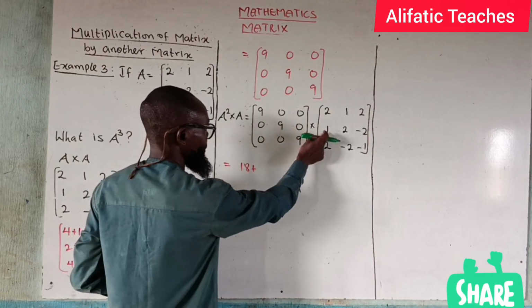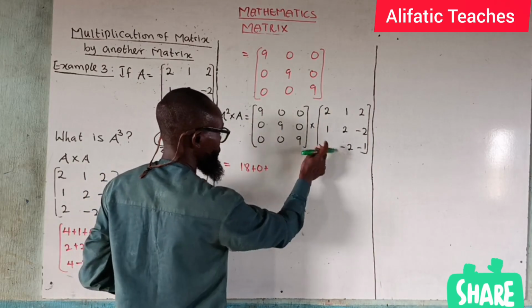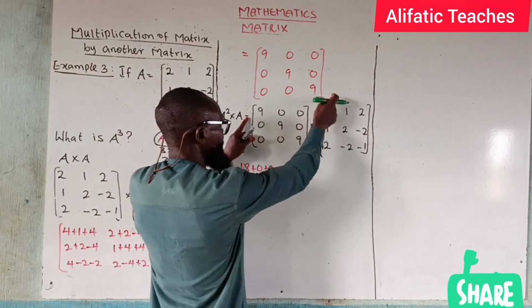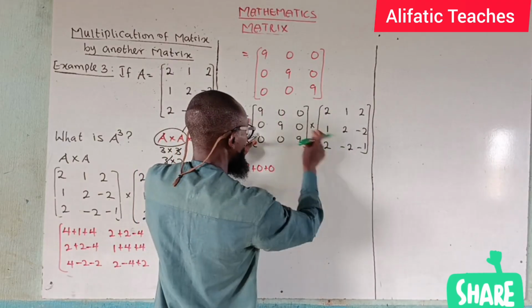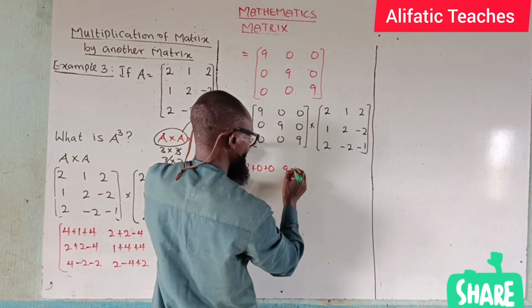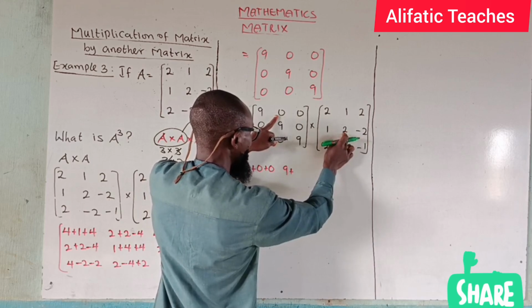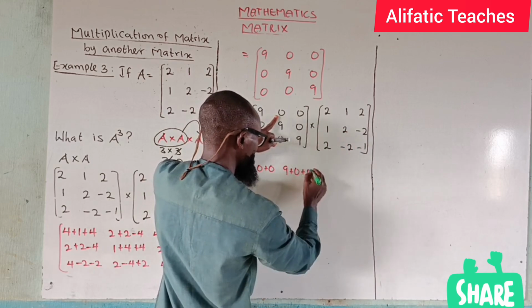Plus 0 times 1, 0. Plus 0 times 2, 0. I'm done with that. First row, second column. 9 times 1, 9. Plus 0 times 2, 0. Plus 0 times minus 2, 0.